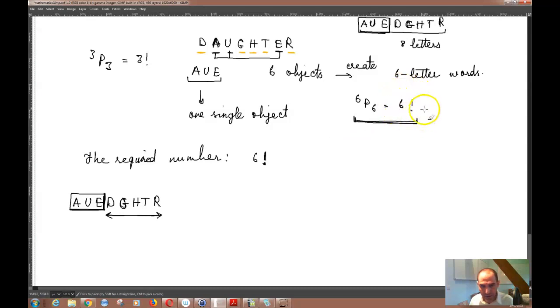What we found out was that the number of permutations of all such words would be 6 factorial. Again, the permutations related to these 3 vowels would be 3 factorial. Because you have 3 letters over here, and you want to simply rearrange those letters in as many ways as possible, that would simply be 3 factorial.